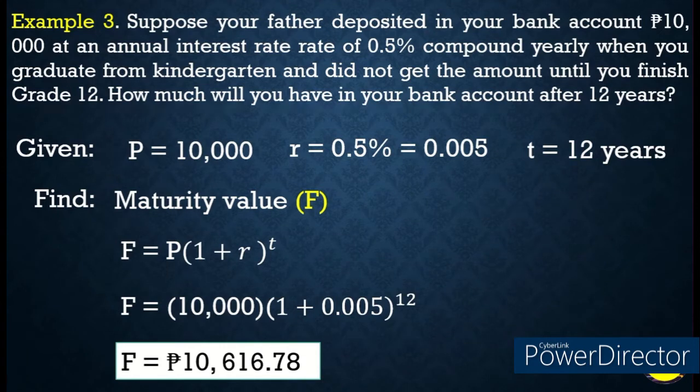So, ilang taon? 12 years. So, bakit masyadong mababa lang yung nadagdag sa pera niya? Kasi class, tingnan natin yung rate. So, that is 0.5%. Napakababa. So, therefore, pag tinignan natin kung magkano lang yung nadagdag, masyadong mababa lang din.